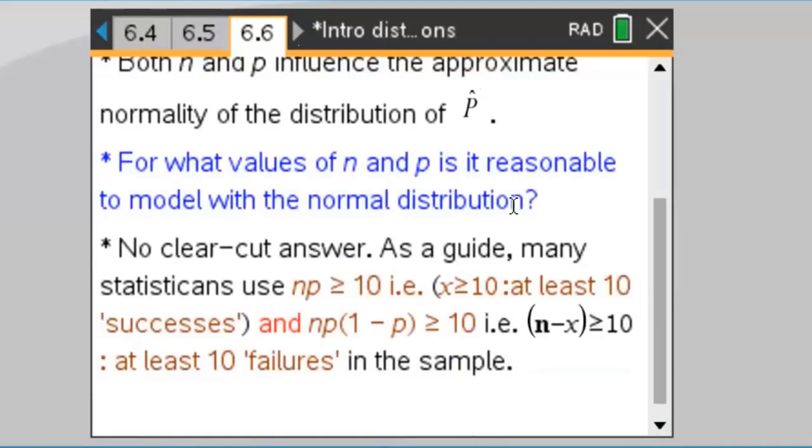In fact, other statisticians say, no, even that is too generous. It should be at least 15 successes and at least 15 failures. So no clear indication as to when you can use the normal distribution as a good model, but at least 10 is probably what the majority of statisticians believe today.